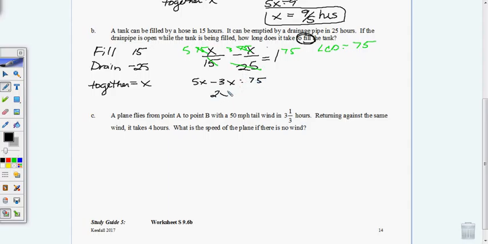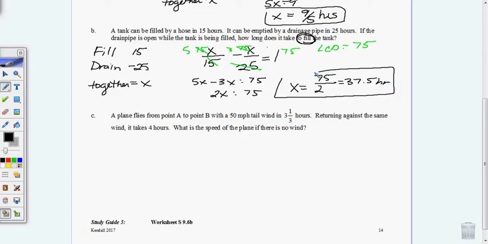So 2x is going to equal 75. X is going to equal 75 halves. So it's about 37.5 hours if you did that off of your calculator. That makes sense, because it's going to be a little bit longer than the 15 hours since it's also being drained.